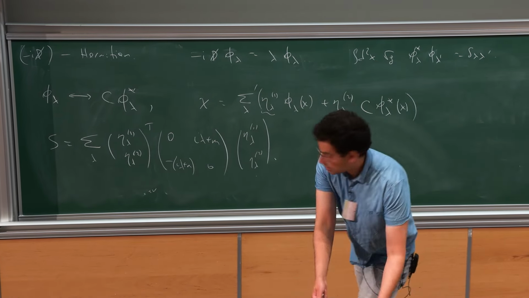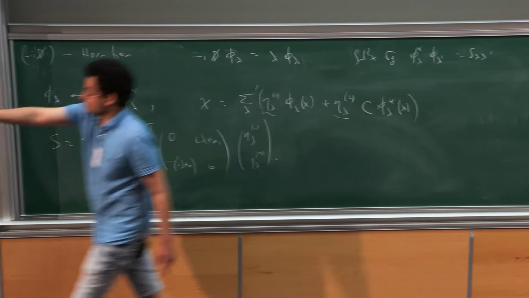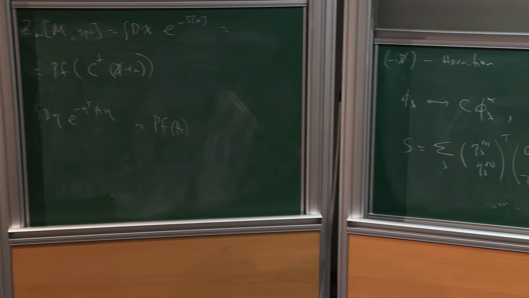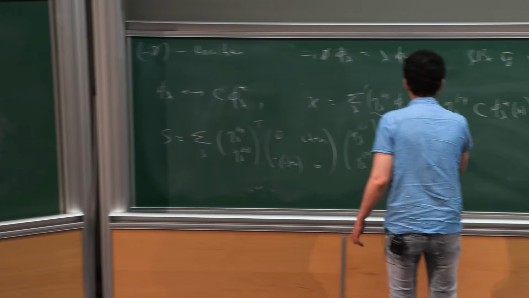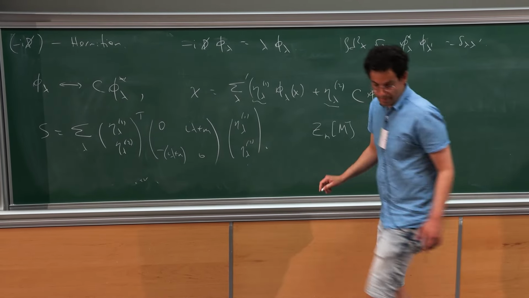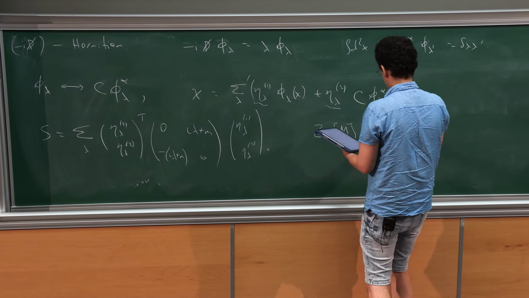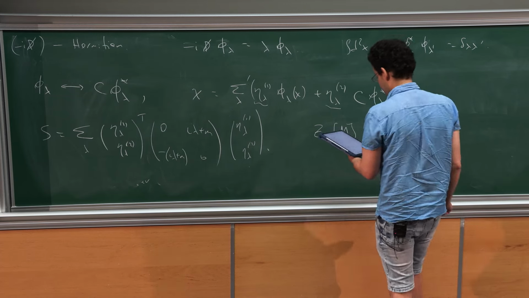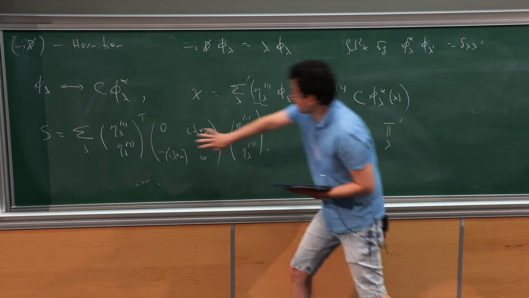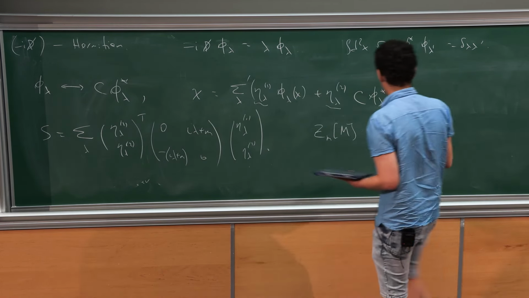Okay, so now it's easy to take the Pfaffian of this big matrix because it has become block diagonal. So Z of m is just going to be the product over the eigenvalues lambda of the Pfaffian of each one of these 2 by 2 matrices, and that's just i lambda plus m.